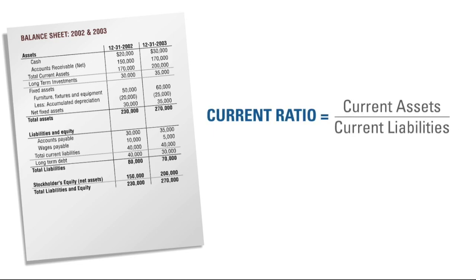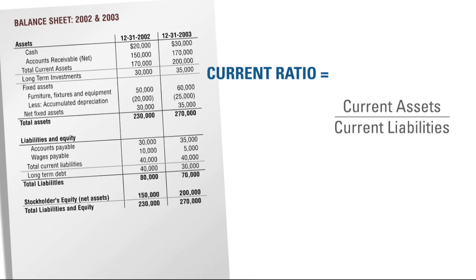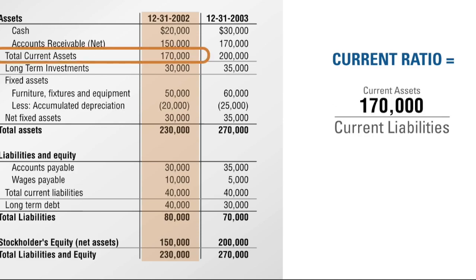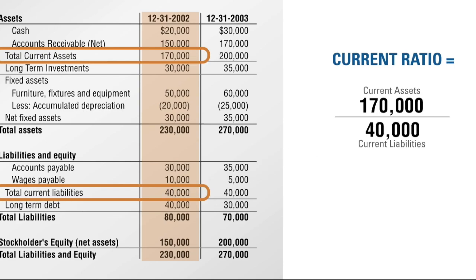Current ratio equals current assets divided by current liabilities. The current ratio is useful in assessing the potential for a practice to have short-term financial problems because it compares a practice's current assets to its current liabilities. In our sample balance sheet, you can determine the current ratio for 2002 by selecting the total current assets, $170,000, and the total current liabilities, $40,000.